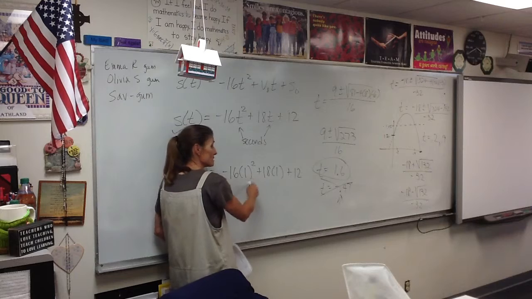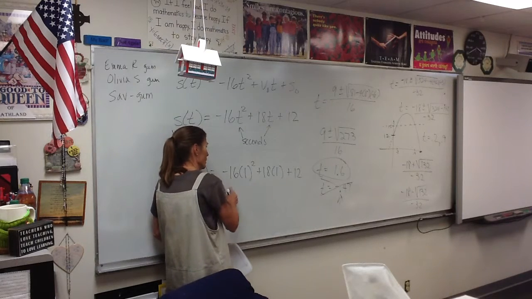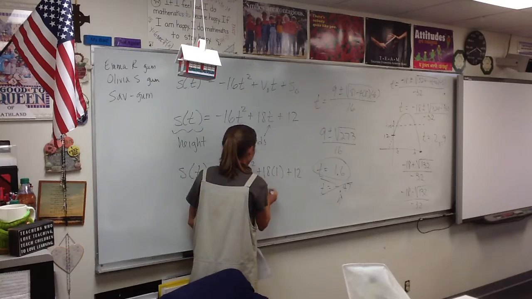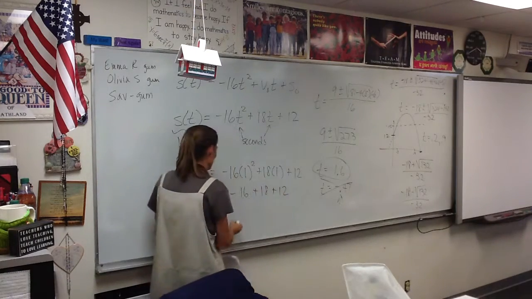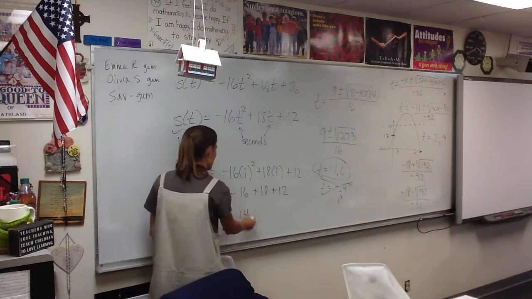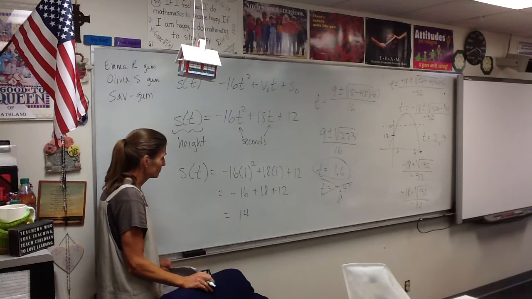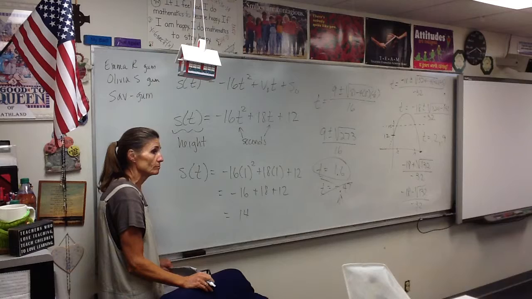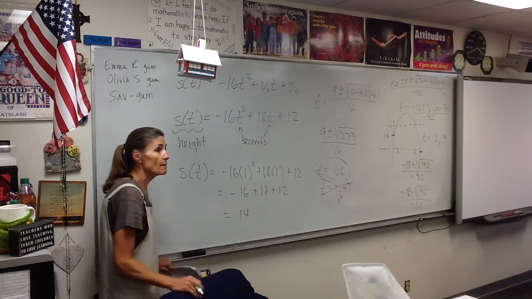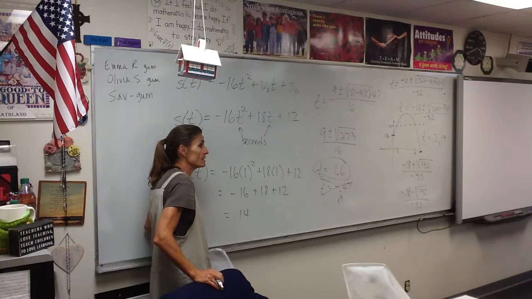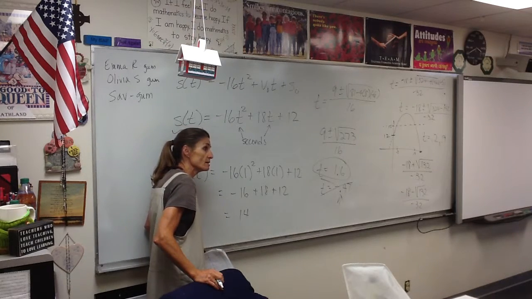When you do this, what gets squared? Just the 1. I got 14, but double check that. What does that mean? 14 feet. After 1 second, it is 14 feet tall.